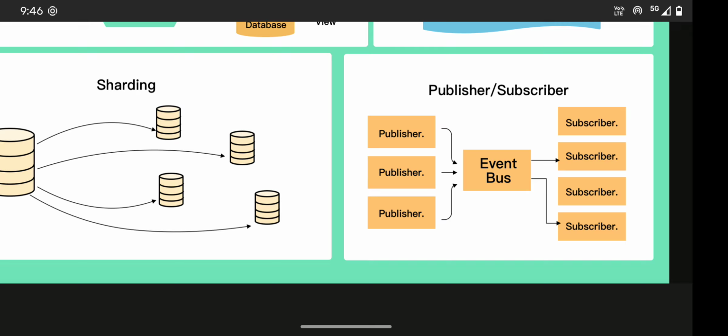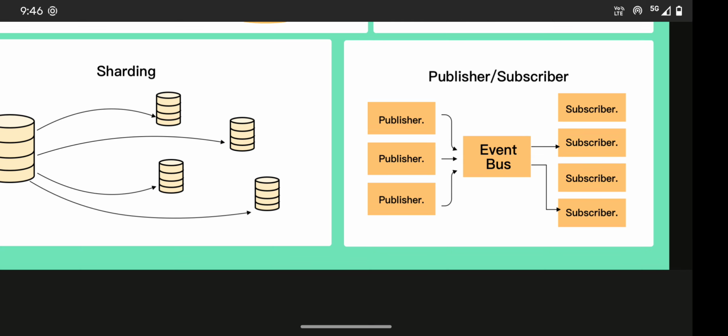Publisher means we are going to publish some data. We may publish some events, some API data, some data based on clickstream or user actions, or some file processing information in the back end if you are dealing with backend systems.